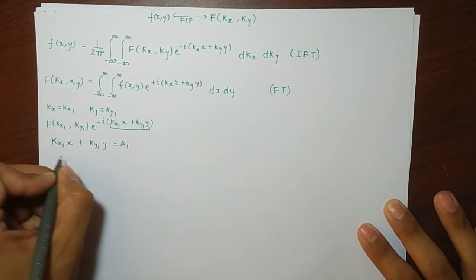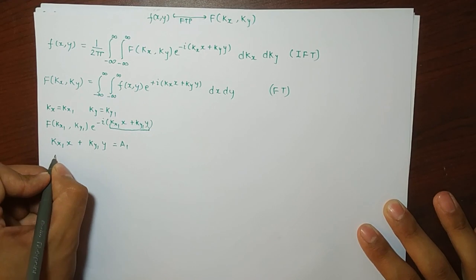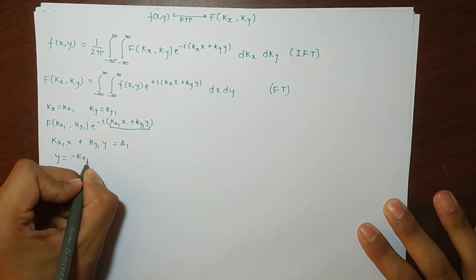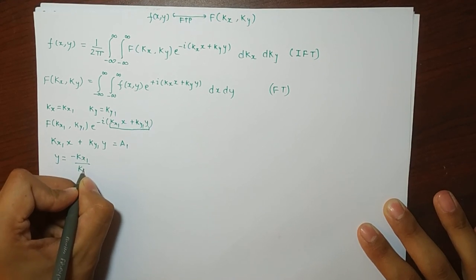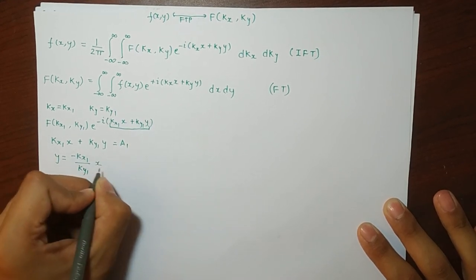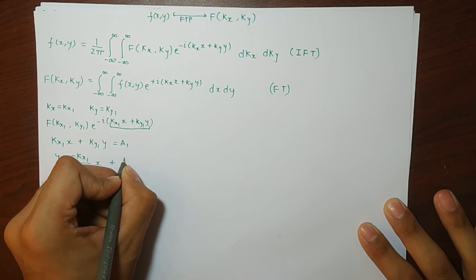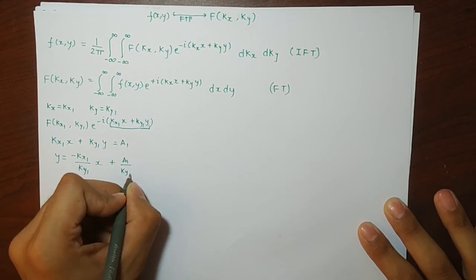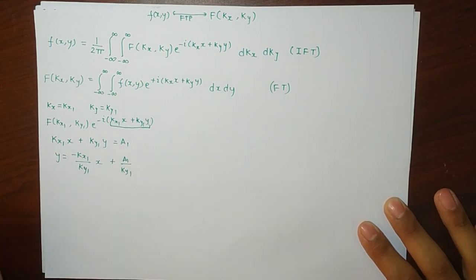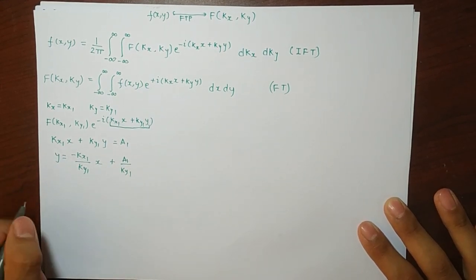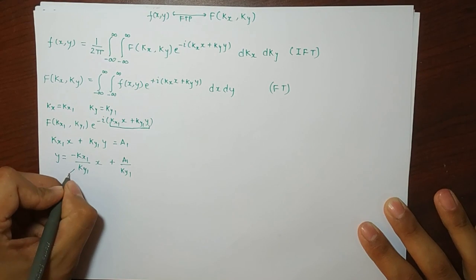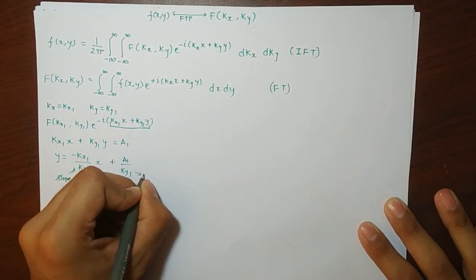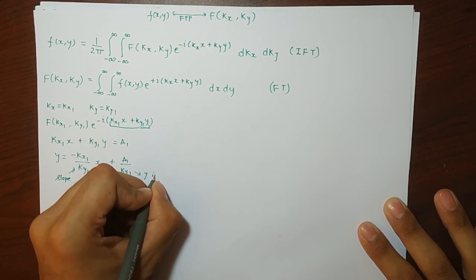So kx goes there, so y would be minus kx1 by ky1 into x plus a1 by ky1. Now you can more appreciate that it's a straight line with a slope. This is the slope, this is the y intercept.